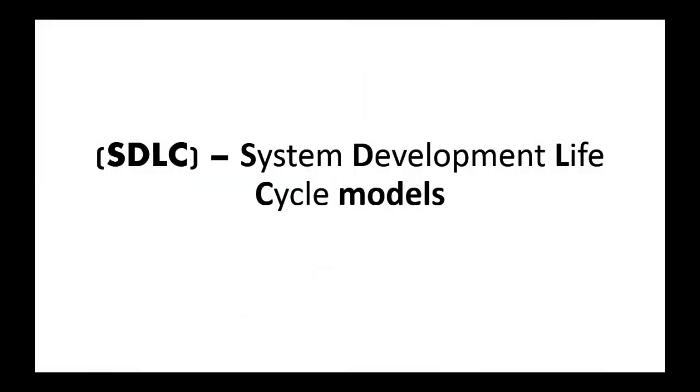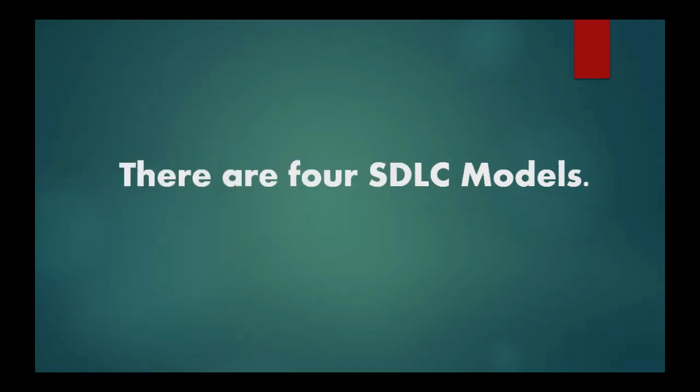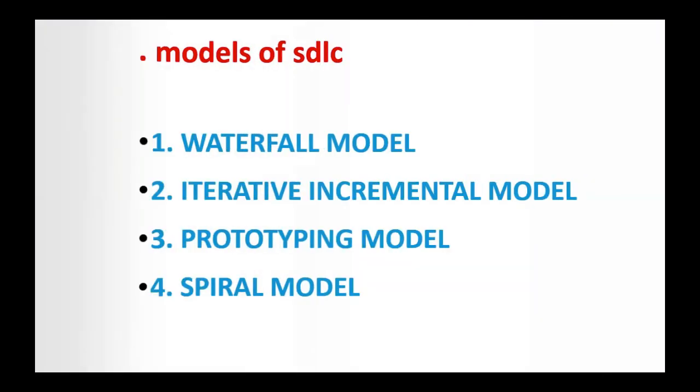And in SDLC, the system development life cycle, there are some models. There are 4 models: waterfall model, iterative incremental model, prototyping model, and spiral model. Here the questions are from only 2: waterfall model and iterative incremental model.